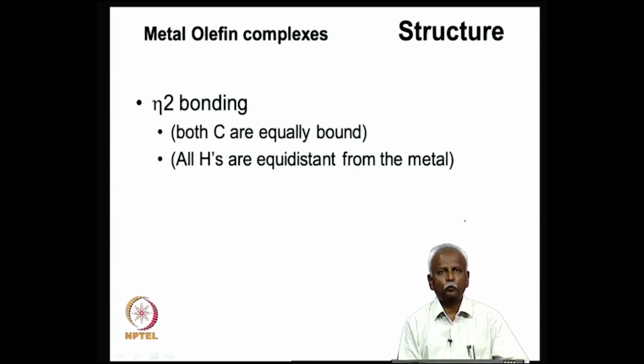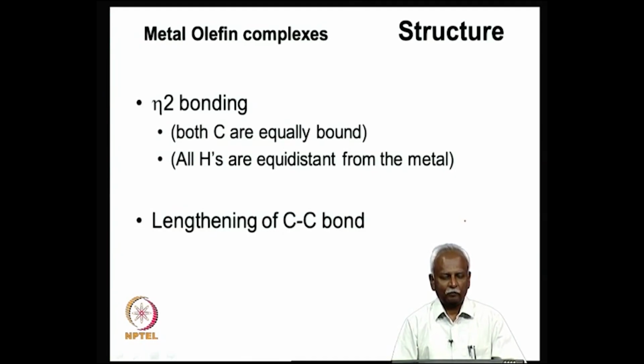You have eta 2 bonding, which means both carbons are equally bound, and if it is an ethylene, there are 4 hydrogens, and all 4 hydrogens are equidistant from the metal. The back bonding that we have referred to, which means the metal gives electron density into the pi star orbitals, lengthens the carbon-carbon bond.